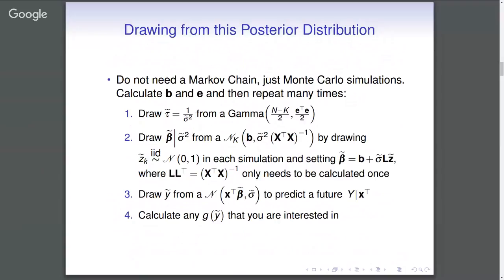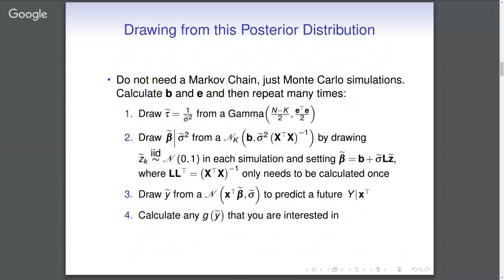Draw beta conditional on sigma squared from a multivariate normal distribution whose mean vector is b, the OLS regression coefficients, and whose variance covariance matrix is equal to the draw that you just obtained of sigma squared multiplied by (X transpose X) inverse.